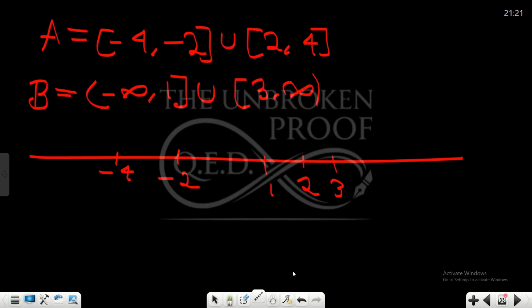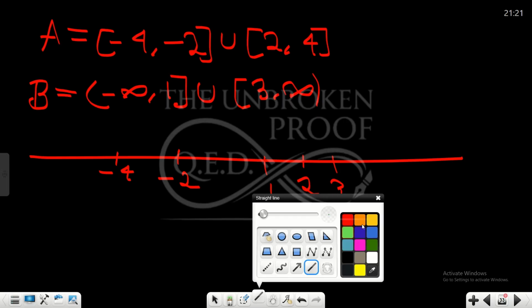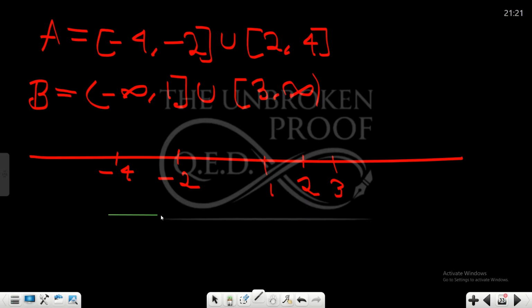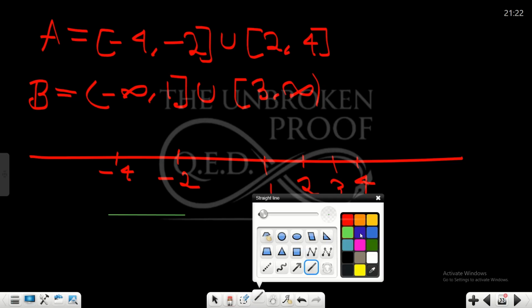Okay, with a line. Minus 4 to minus 2. Oh sorry, this has to be green, right? Green. Minus 4 to minus 2, and here we have 4 as well, right? So this should be from 2 to 4. Okay, and your B you represent in blue color.